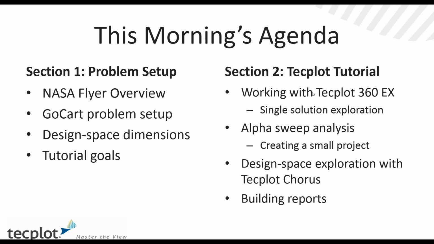We'll move into an alpha sweep where we'll evaluate a set of solutions, and we're effectively looking for alpha max, or at least understand if we've reached alpha max based on our alpha sweep. Then we'll move into design space exploration. Both the alpha sweep and the design space exploration will be done in Chorus. And finally, we'll talk about building reports.